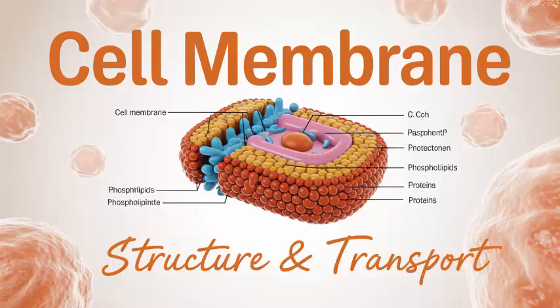This is applied. Why are we learning this transport mechanism? First example: abnormality in the sodium potassium pump can give cardiac failure, heart failure, or hypertension. Next, ion channel diseases.